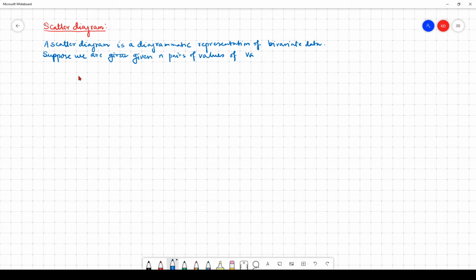That means f11, f21, fi1, fk1 are collectively the conditional distributions of x for given y values, where y lies between y0 to y1. Clear, Shayo?